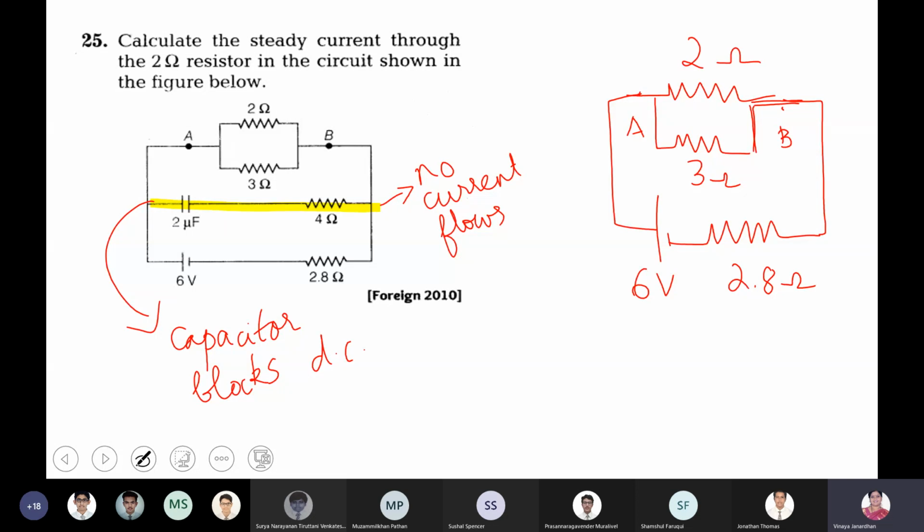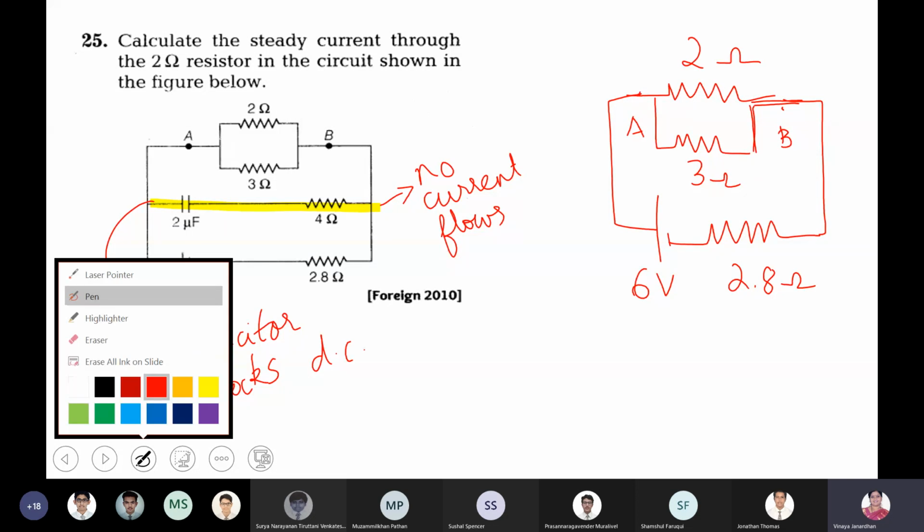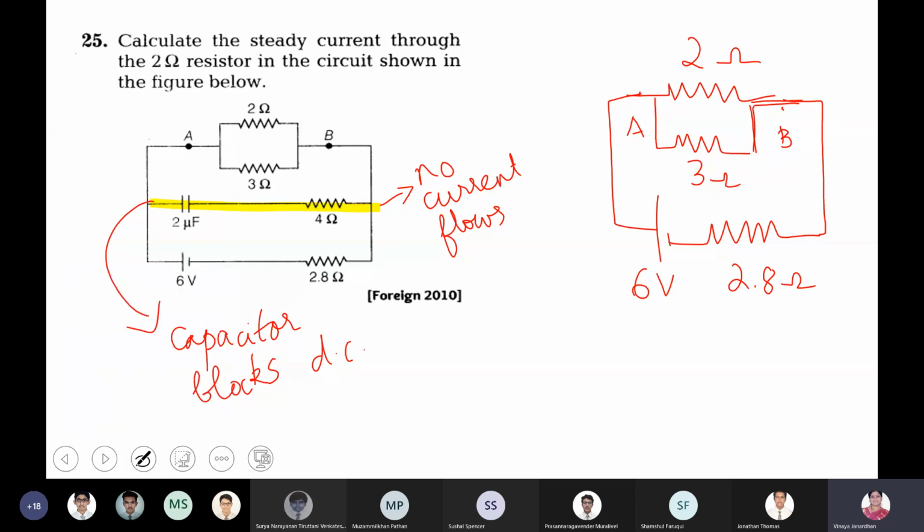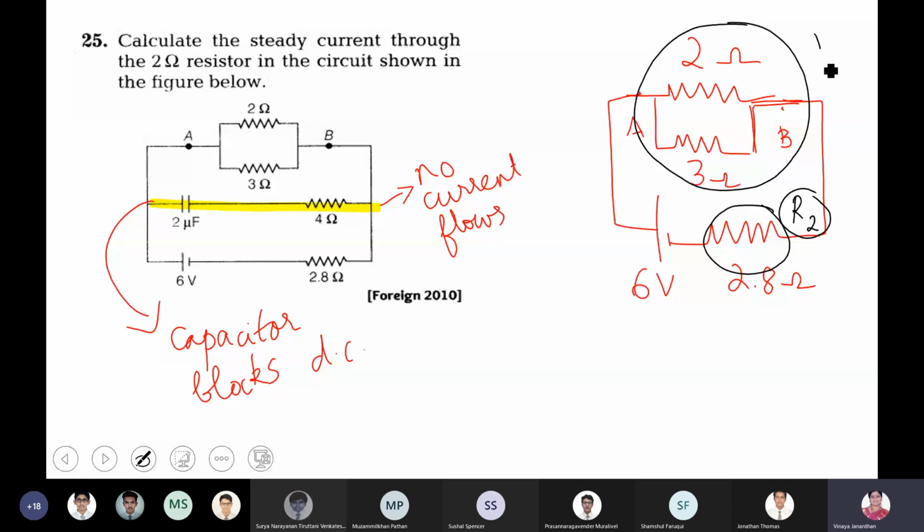So now you know. Can you find the total resistance? How will you find the total resistance, boys? These two together as one single resistor are in parallel, and that combination will be in series with 2.8 ohms. Let me put this as R2 and this combination as R1.